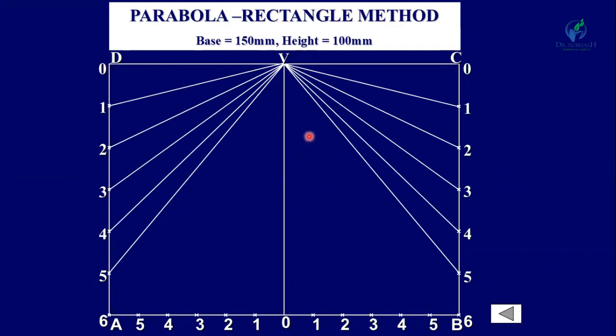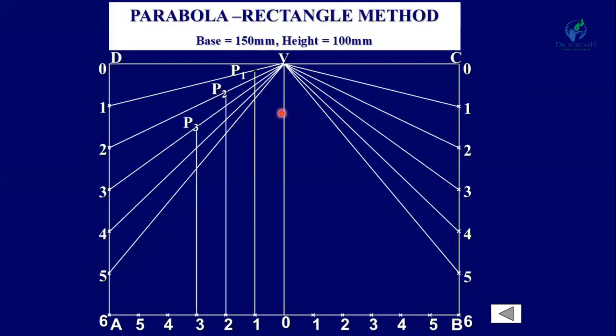Okay. Now from the horizontal line, draw the vertical line from point 1 and extend it up to the line 1V, and the intersection point is P1. Similarly, draw the vertical line from point 2 and extend it up to the line 2V, and the intersection point of these two lines is P2.